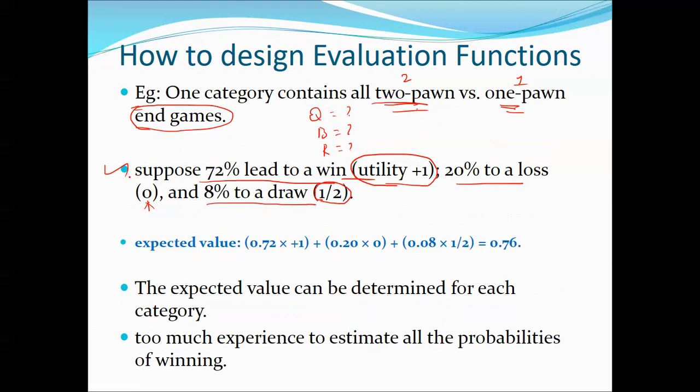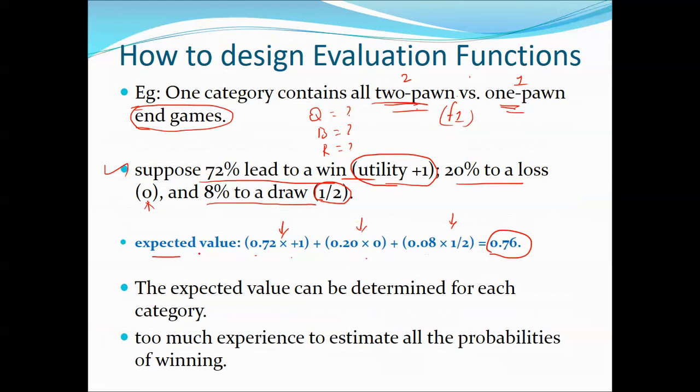So for this particular case, it is only one feature. Let us assume it is f1, based on only pawn. Then the evaluation function can be written like this: 0.72 into 1 plus 0.20 into 0 plus 0.08 into 1 by 2, which is 0.76. Are you getting? Like this, we should create an evaluation function for every other coin also.